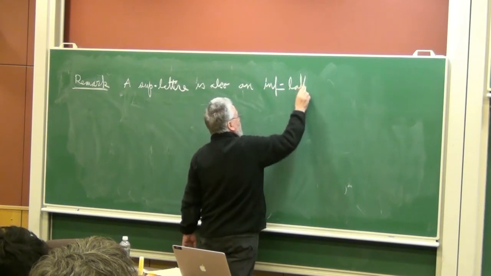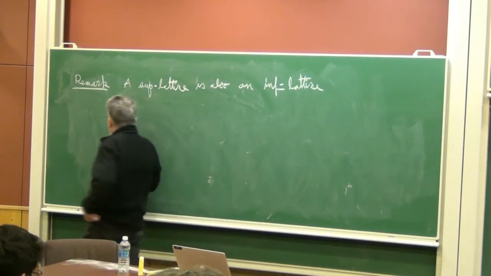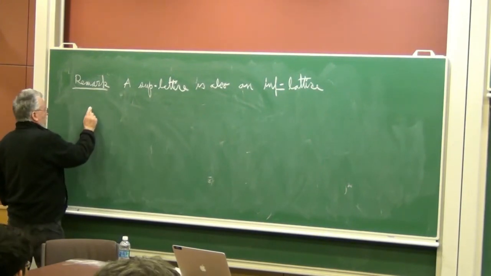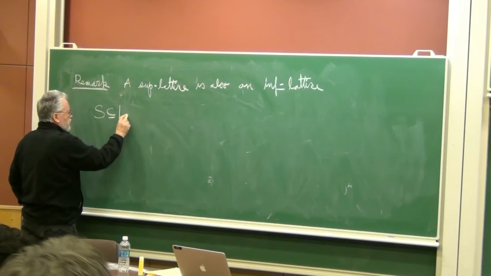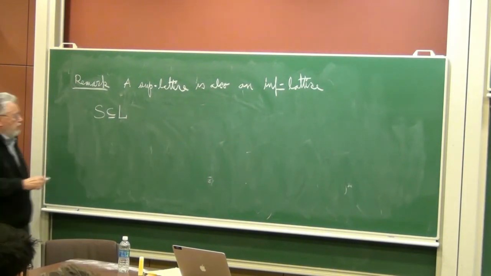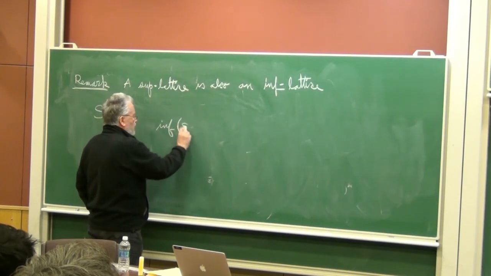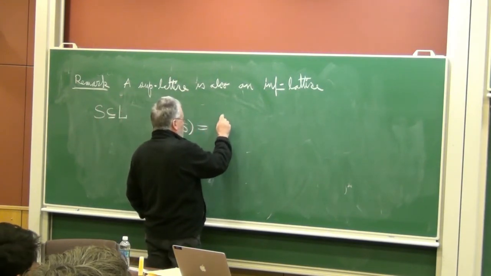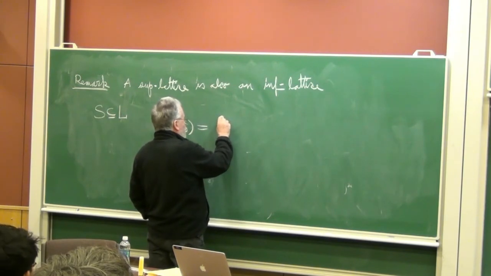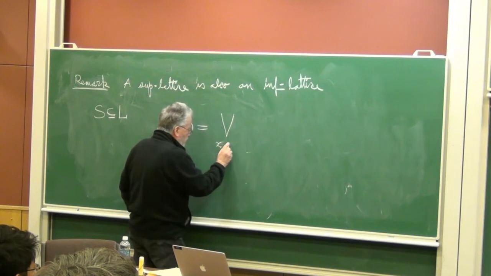Although we did not put this in, it is true. In other words, if you have L, a sup lattice, and a subset S of L, then the infimum of S can be constructed as the supremum of all the lower bounds of S.